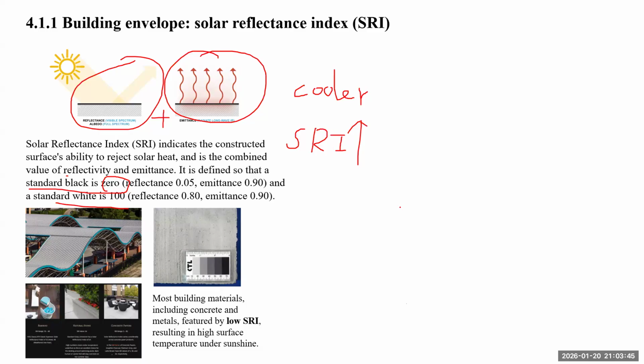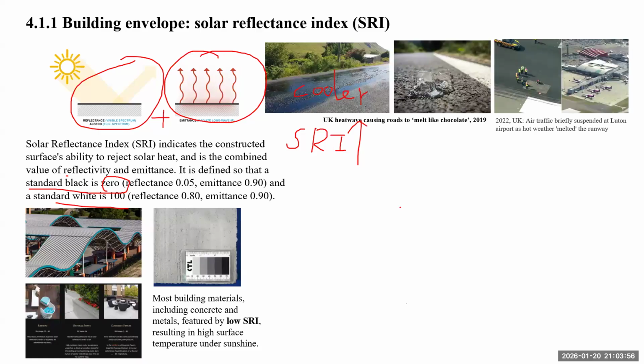Luckily, almost all common building materials are featured by low solar reflectance. So under the sunshine, their surface temperature can be really high. That's the story about melted roads. We see the road melt like chocolate, even runways melted.